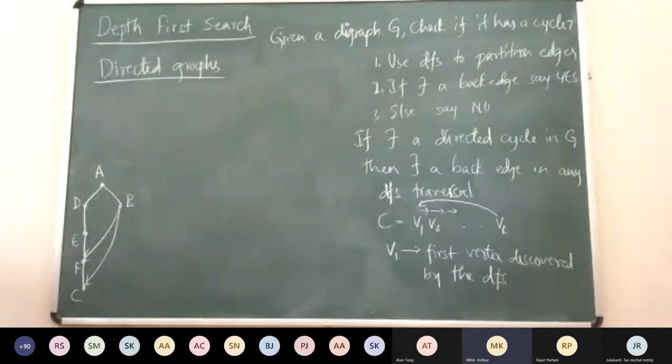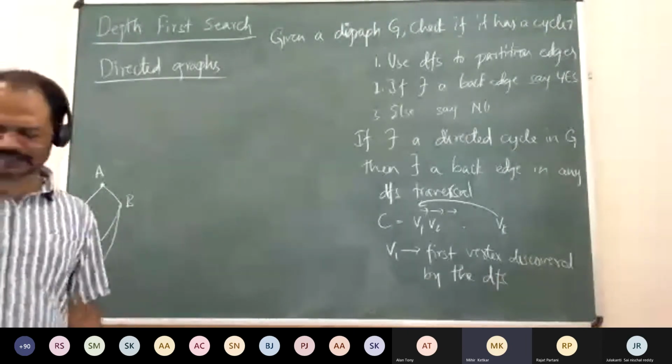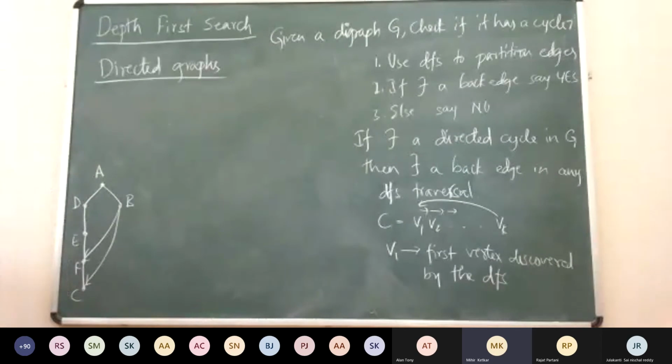It could be only V1 or almost the entire thing but the last edge. Okay, so once that's done, we continue on, and then at some point, all those edges of the cycle must be there.